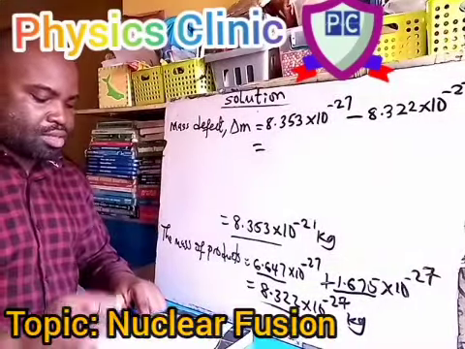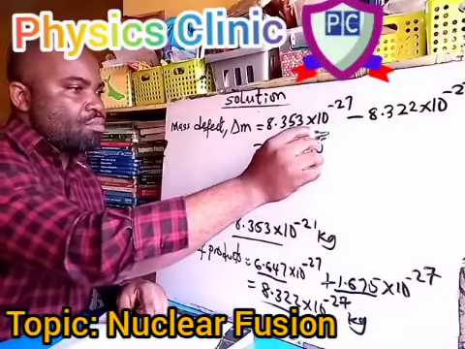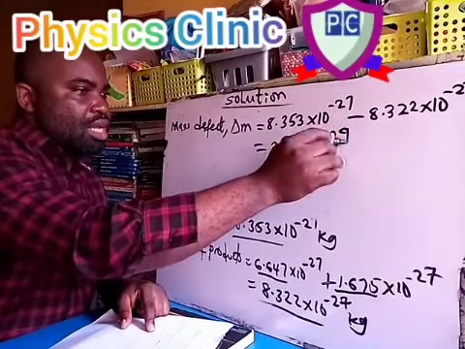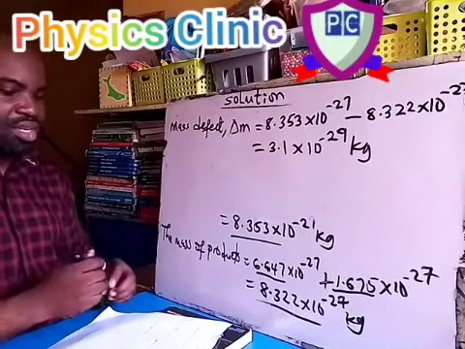If you subtract, you are going to have 3.1 times 10 raised to the power minus 29 kilograms. That is the mass defect.